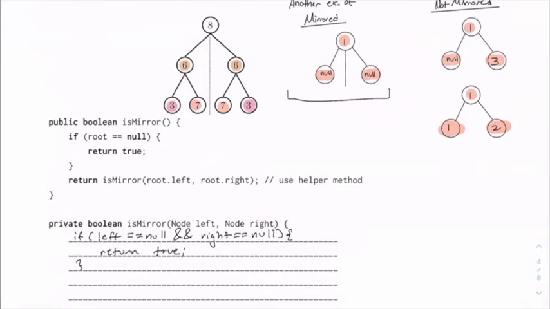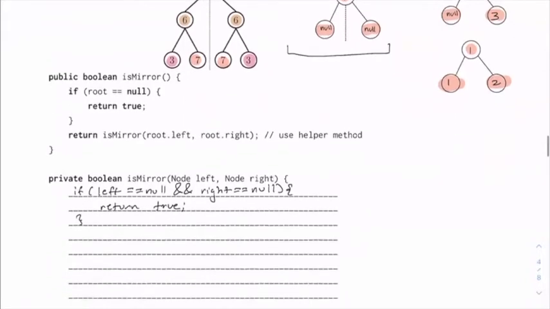What we can do is write this in one single if statement, using the fact that the case where both the left and the right nodes are null is already covered by this if statement above.